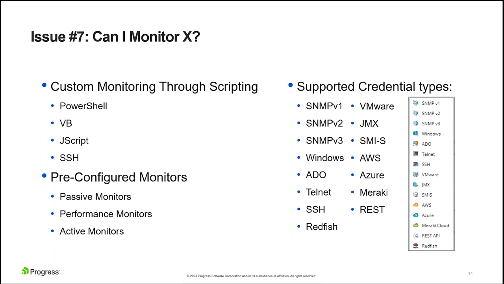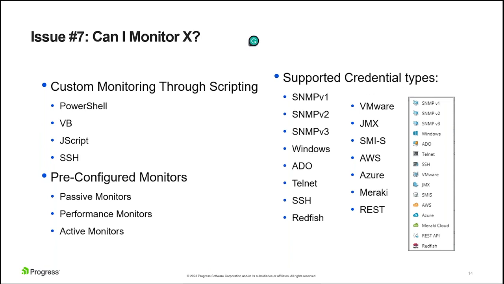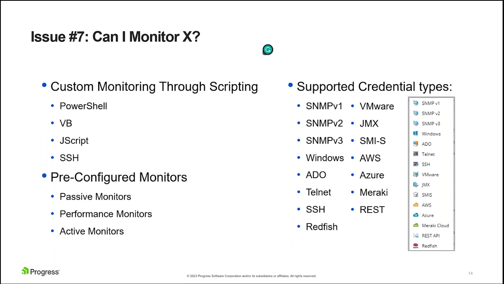Yeah, I can cite an example. We have a mining company that monitors the 3-story mining trucks that move the material from the mine over to the processing area. And this is done through WMI. Now, we do not have pre-configured monitors for monitoring a lot of the things on a mining truck.